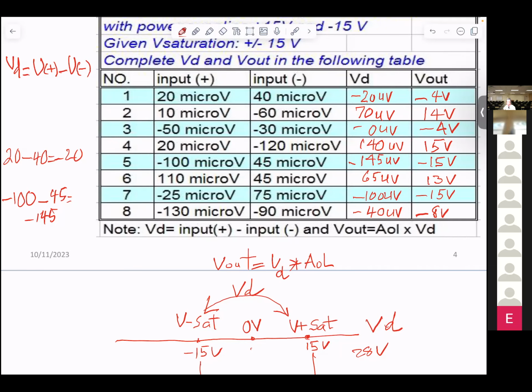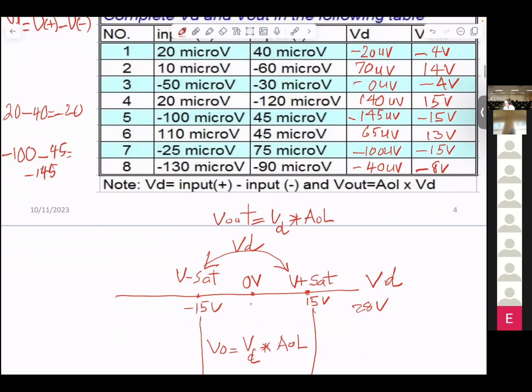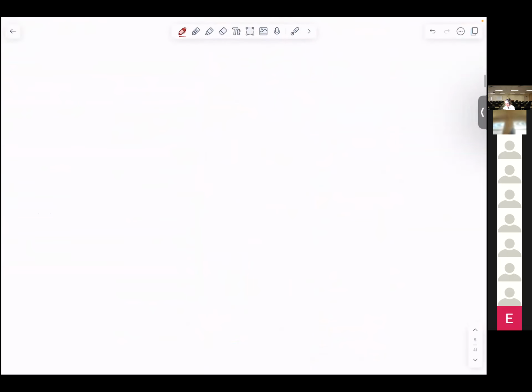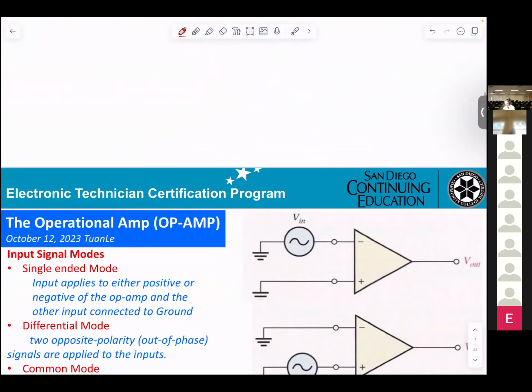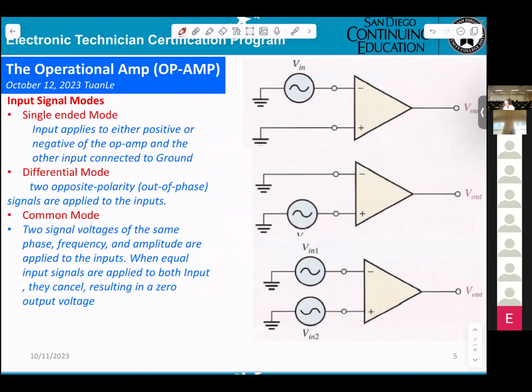So basically, this is very, very basic. Okay? You have to know. Now let's see the operational amplifier input signal modes.